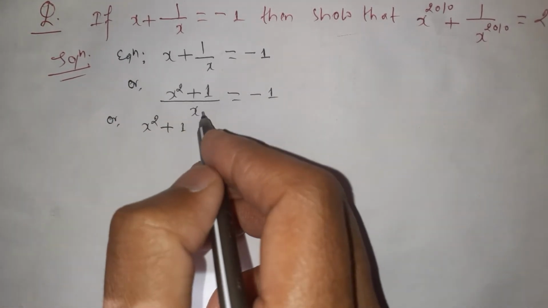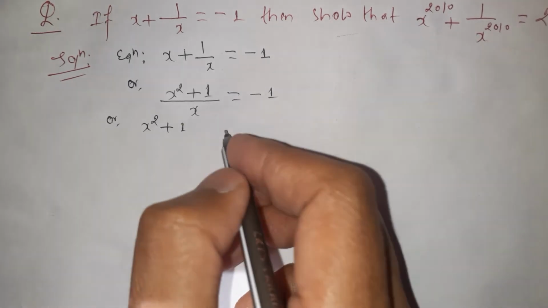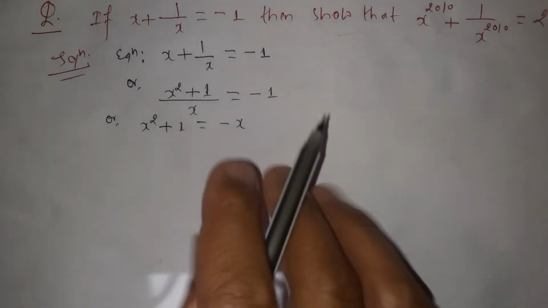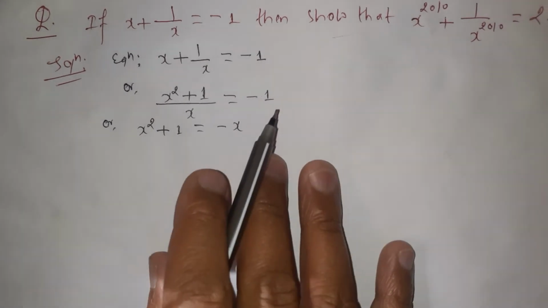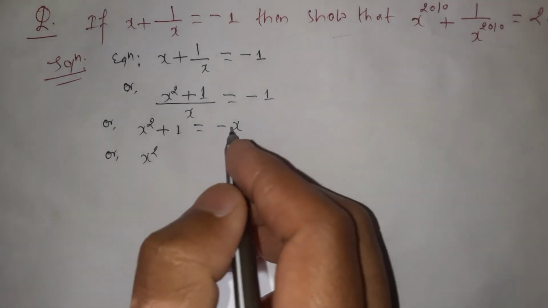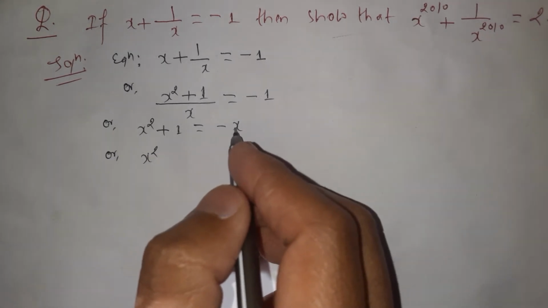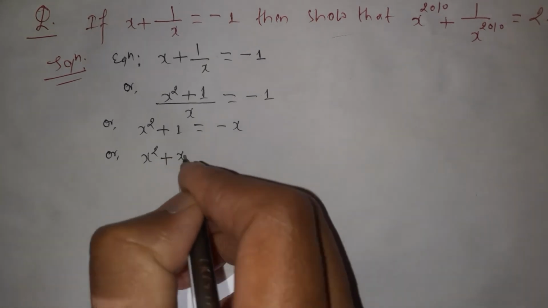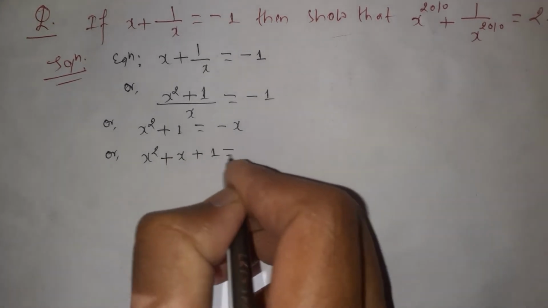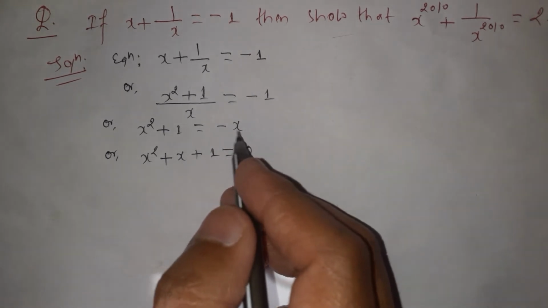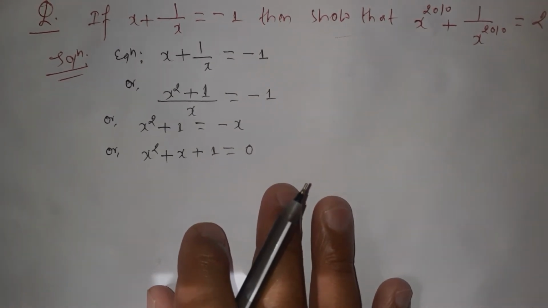Now doing the cross multiplication, x times -1 gives -x. Transposing this negative x to the left hand side, it becomes x square plus x plus 1 is equal to 0.